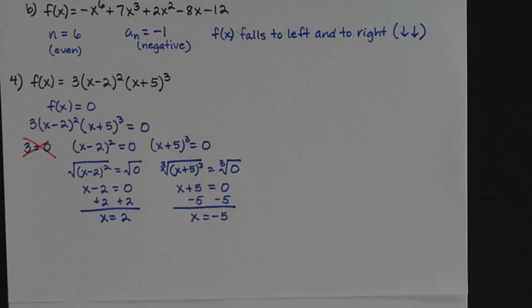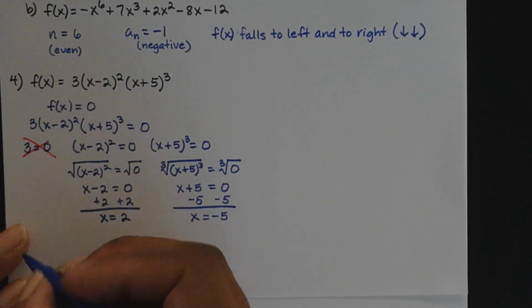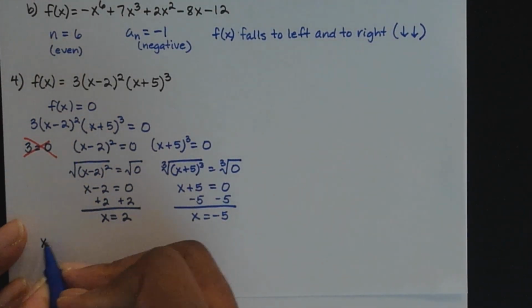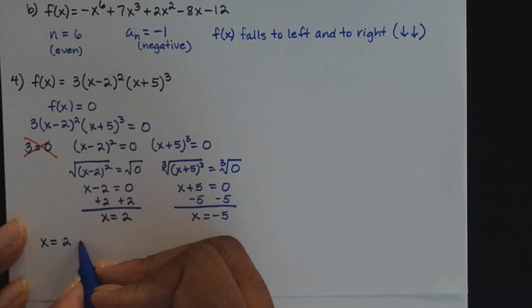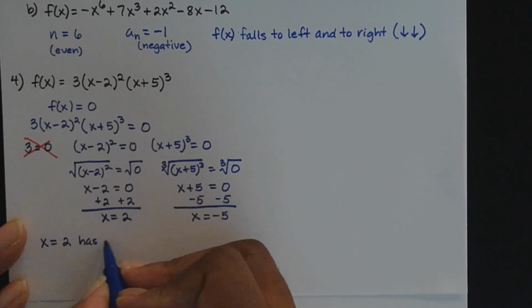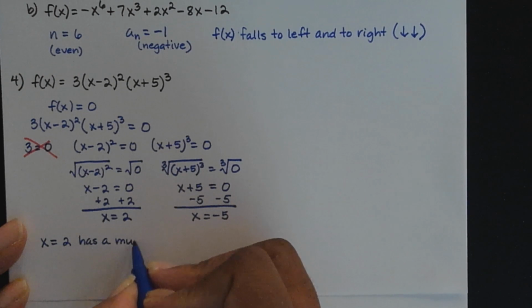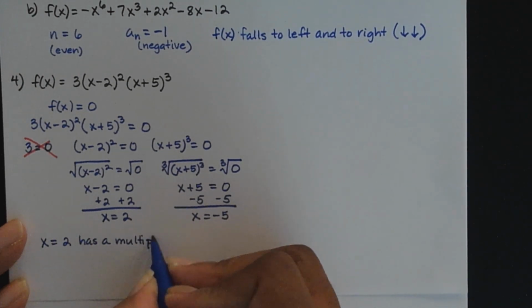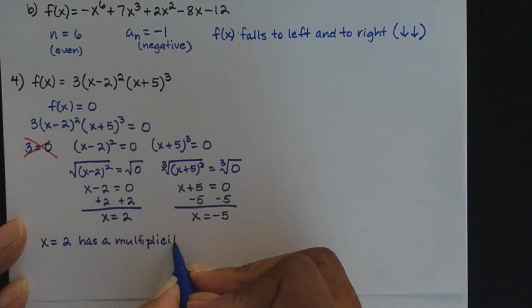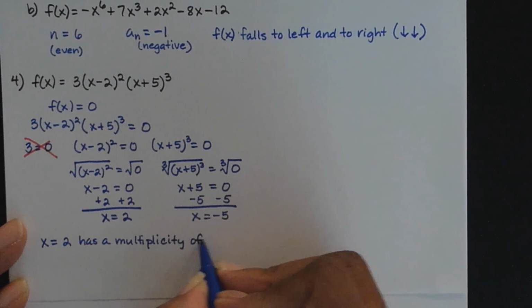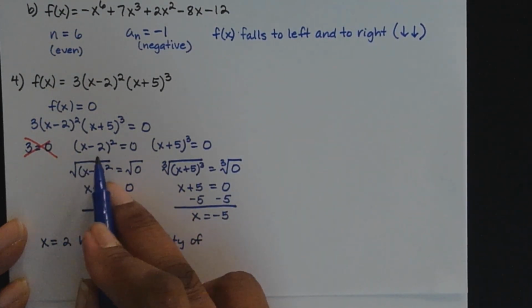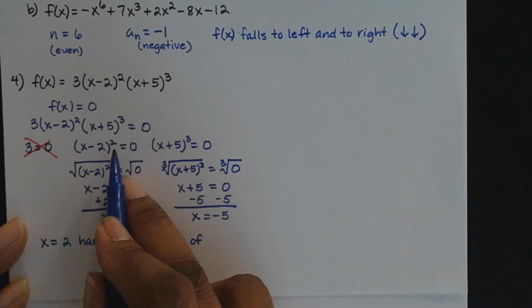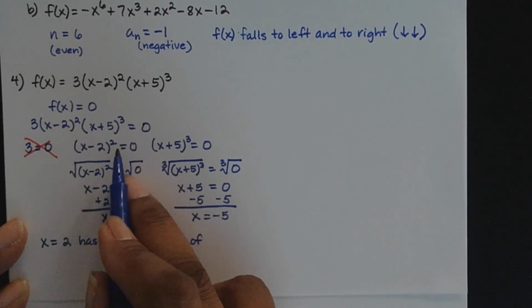Now I need to state the multiplicities for each of these zeros. Let's start with x is equal to 2. For x equals 2, that came from the x minus 2. That exponent will tell you what the multiplicity is for that zero.